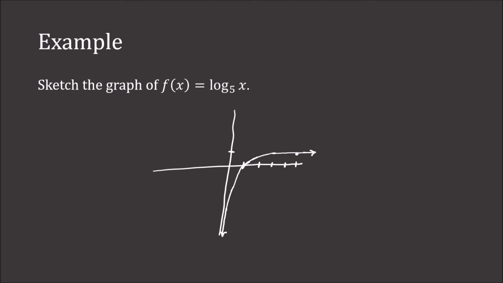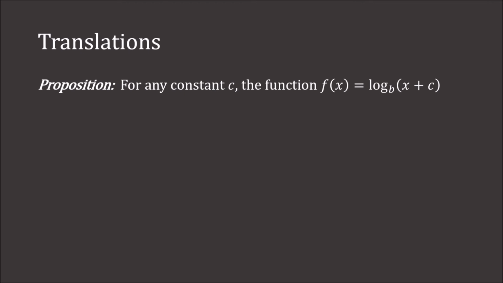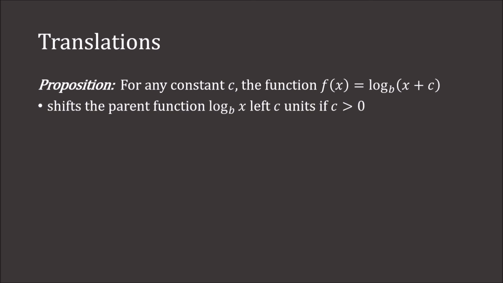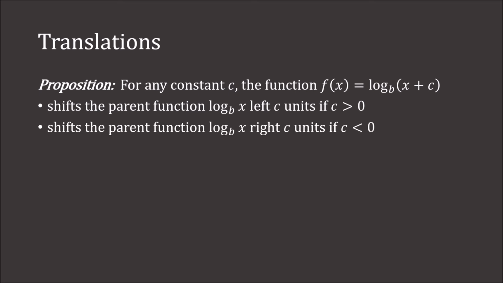Now we're going to study the transformations. For any constant c, the function f of x equals log base b of (x plus c) will shift the parent function log base b of x left c units if c is greater than 0. It'll shift it to the right c units if c is less than 0.